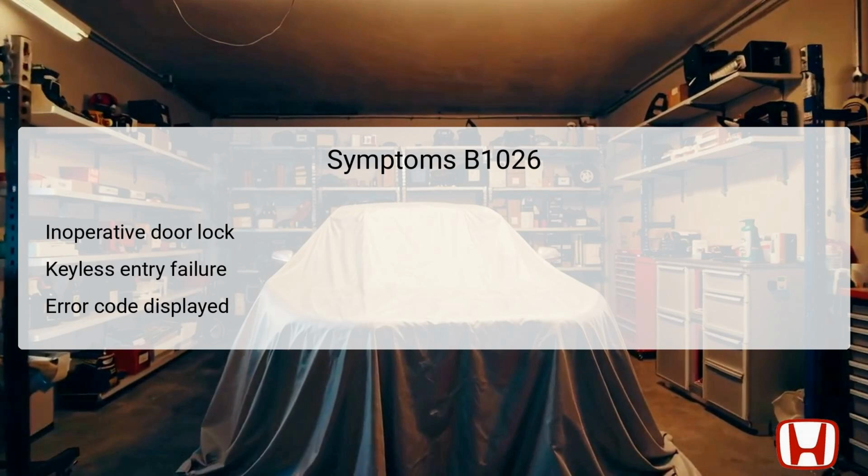Drivers may also notice that the error code B1026 appears consistently during diagnostics, indicating an ongoing problem. Sometimes there may also be intermittent issues where the door lock operates sporadically. Understanding these symptoms is vital for technicians to effectively address the root cause and restore functionality.